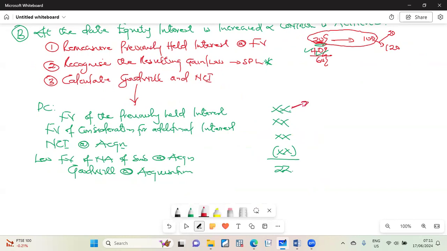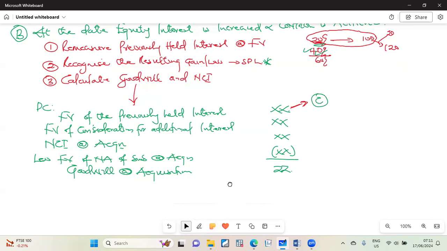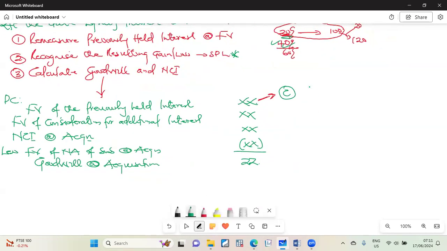My point C is just to say that if there has been a remeasurement.